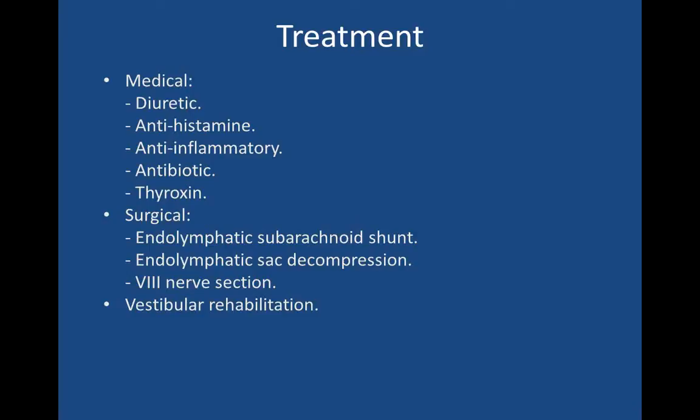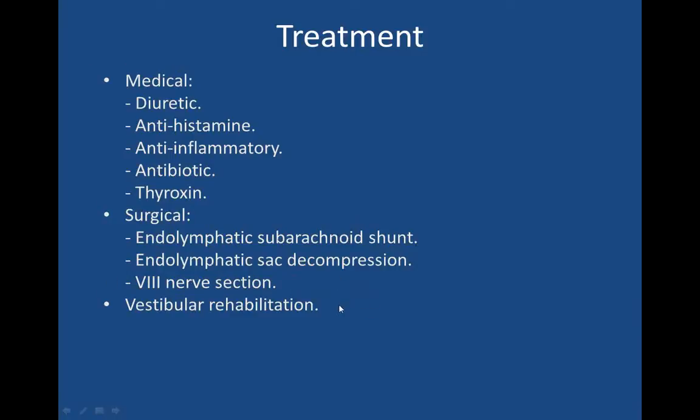It's really hard to pinpoint, and the treatment again can range from a medical treatment, and I didn't have here lifestyle changes: don't eat this, don't drink that, control your cholesterol, what have you, to when it gets bad enough, and usually it's the dizziness that precipitates this, perhaps an endolymphatic subarachnoid shunt, or decompression, or even an eighth nerve section.